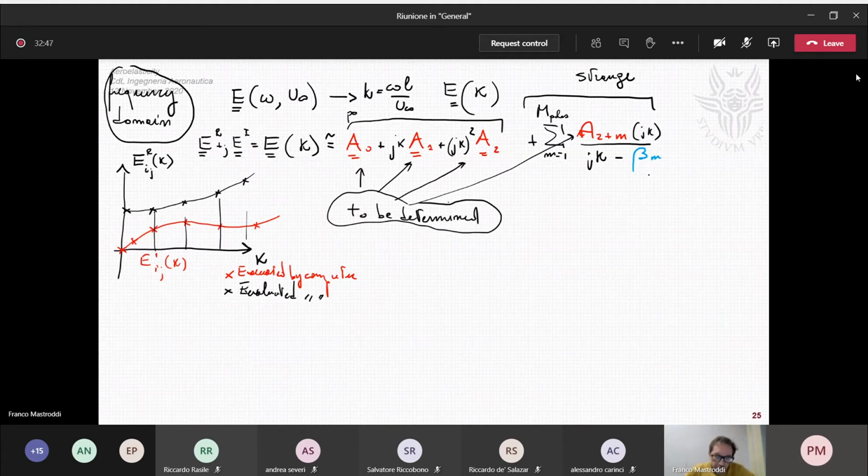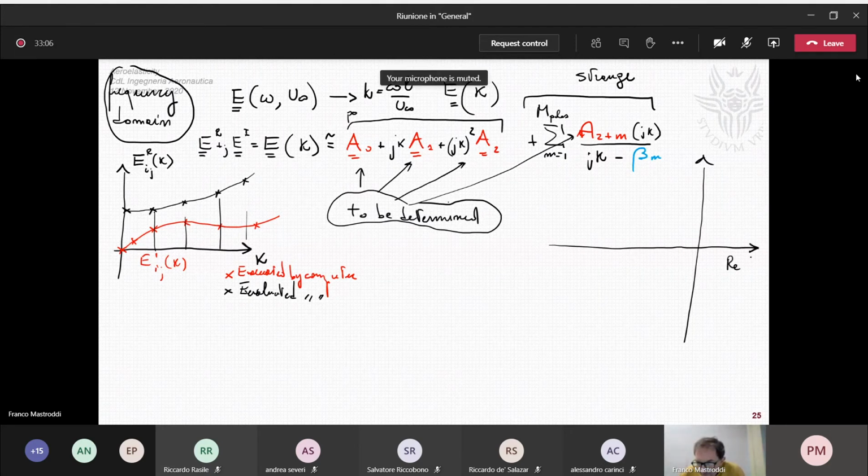This beta is essentially an assigned pole, located in the plane where here you have the real part of P, and here the imaginary part of P.